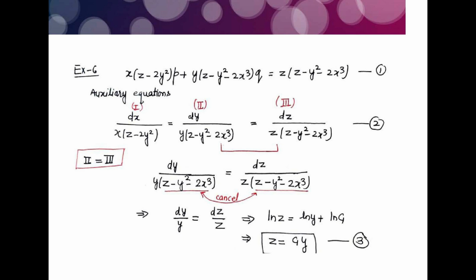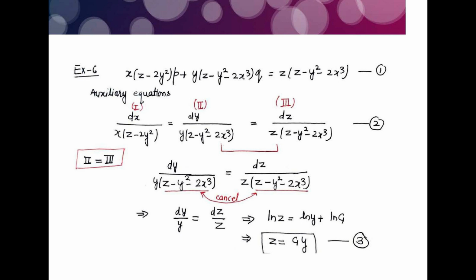Now we have to look for the combinations now. See the second and the third ratio. If we see the denominator part, z minus y square minus 2x square, we have same expression. So we can cancel this one, and now we have just two variables y and z.